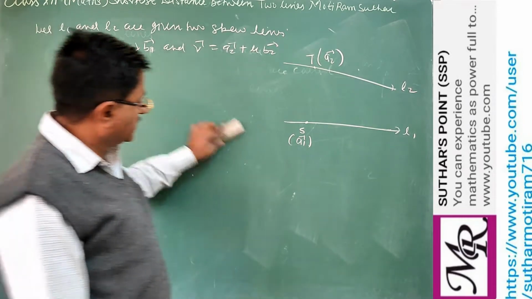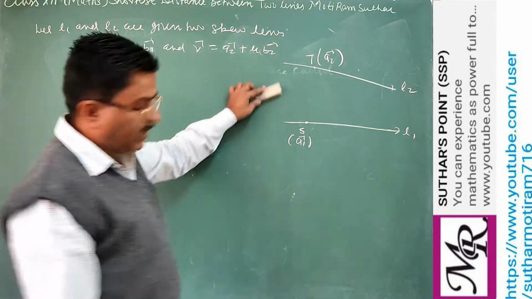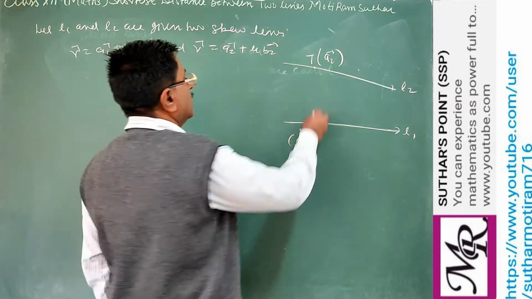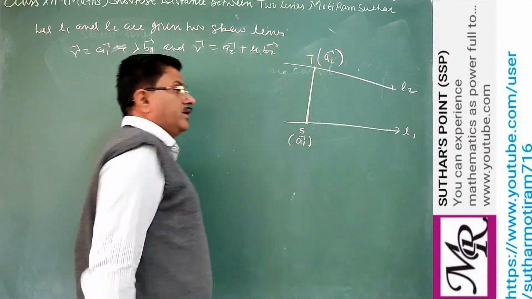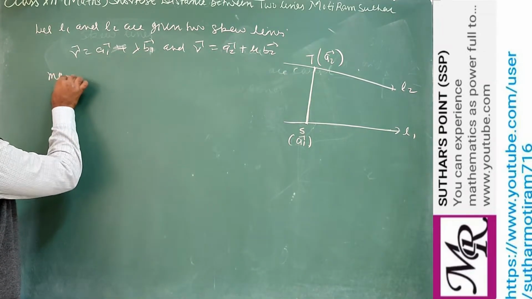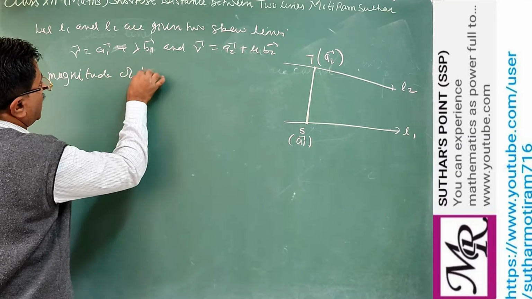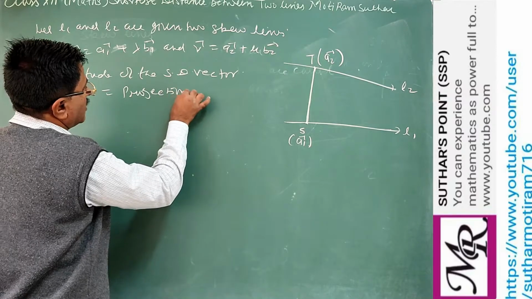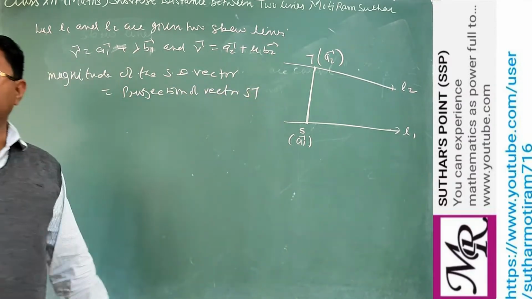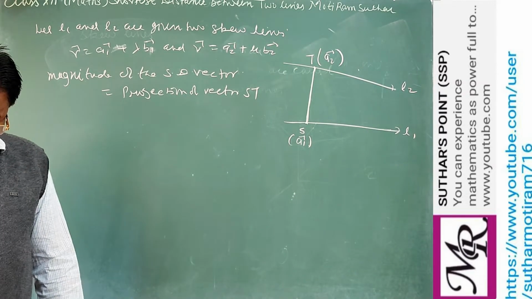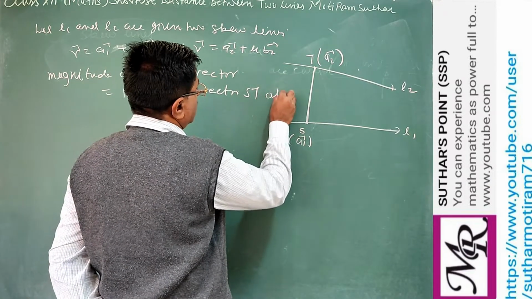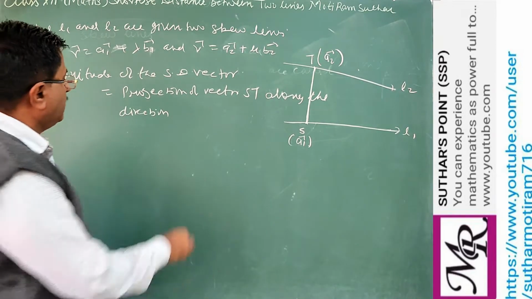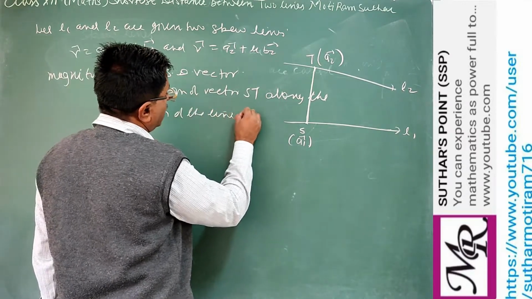Then the magnitude of the shortest distance. If you want to find the magnitude of the shortest distance vector, it will be equal to the projection of vector SP, joining the points on L1 and L2, that is S and T, along the direction of the line of shortest distance.